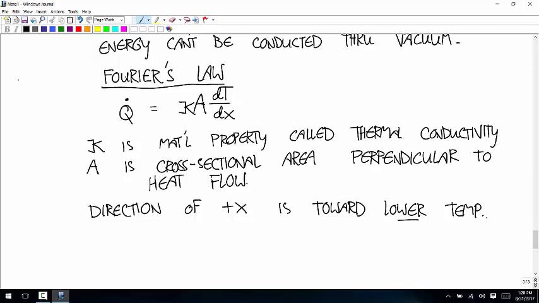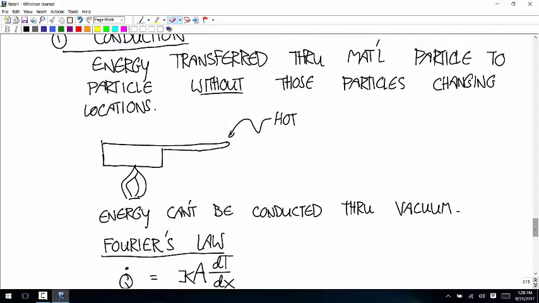Let me make sure I understand this correctly. So A, for example, in the diagram above would be like the bottom of the pot. Yeah, it's a little confusing. Let me draw one that's easier, because with the pot, it's like turning the path of the energy.